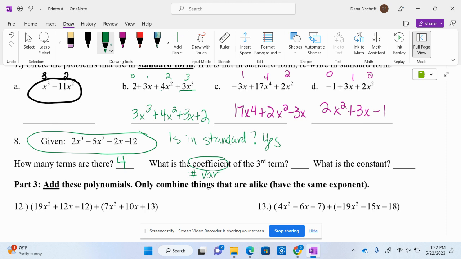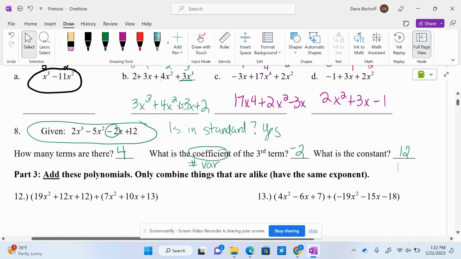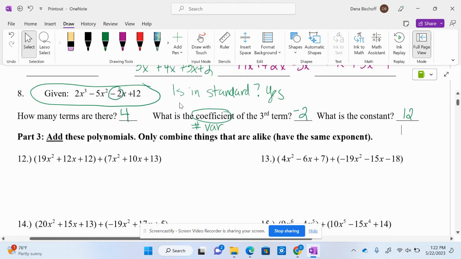Third term. -2. Yeah. The coefficient is -2. What is the constant in this polynomial? It's +12. Perfect. So 4 terms. The coefficient of the third term is -2, and the constant is 12.